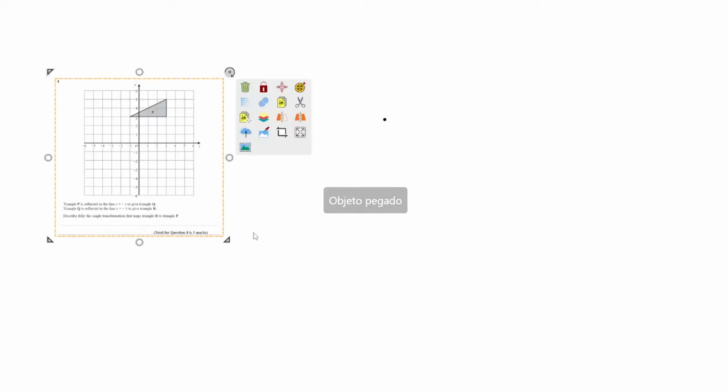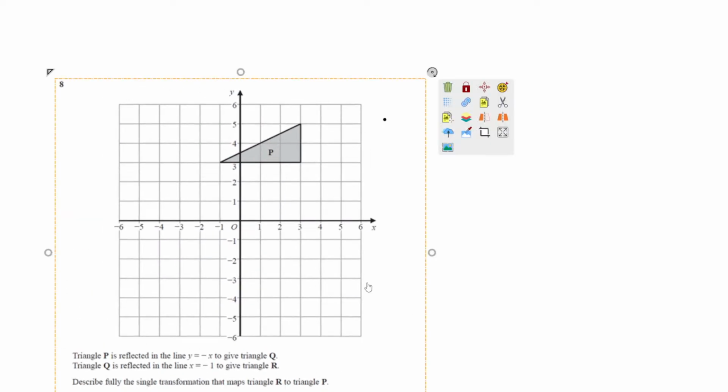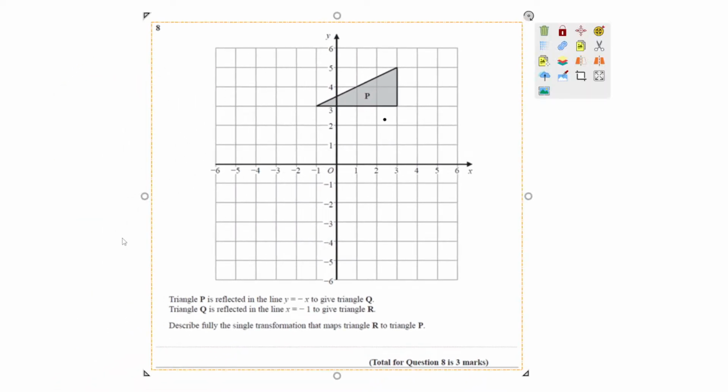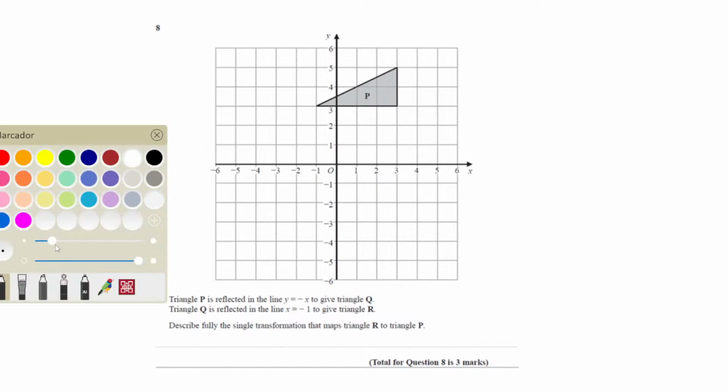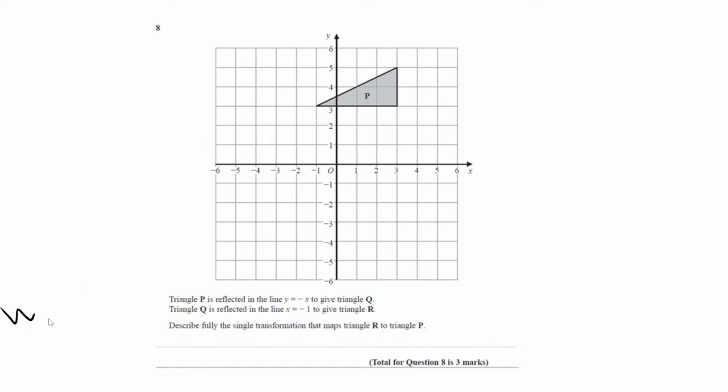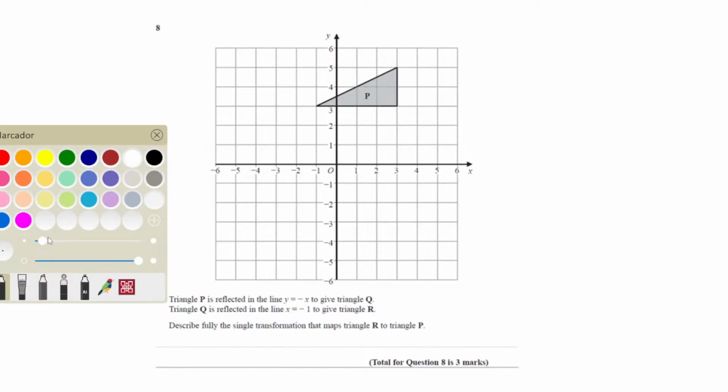Something like that. Okay, this is quite a good one. Just sort out my pen.